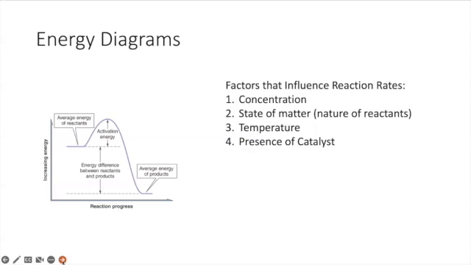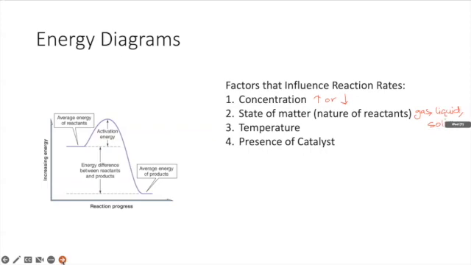So the first is concentration. We could increase the concentration or decrease the concentration, and that could change our reaction rate. We could change the state of matter of our reactant, the nature of our reactions, right? We could put it in a gas phase, a liquid phase, a solid phase.